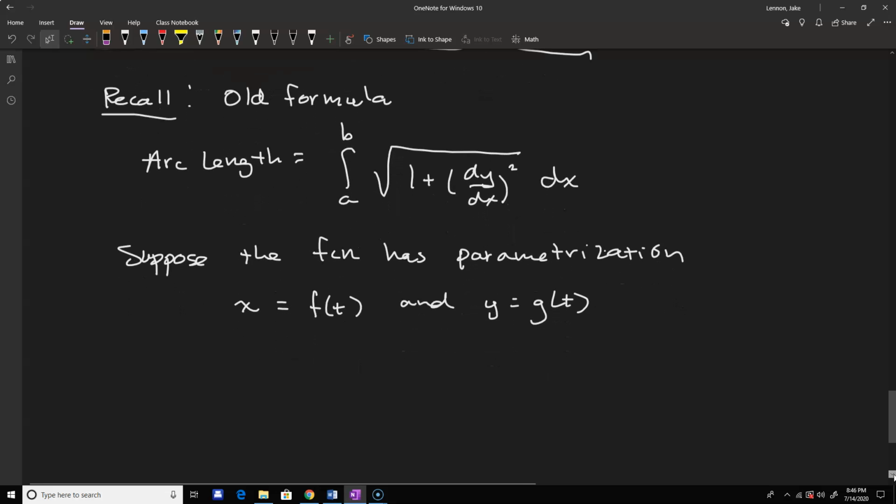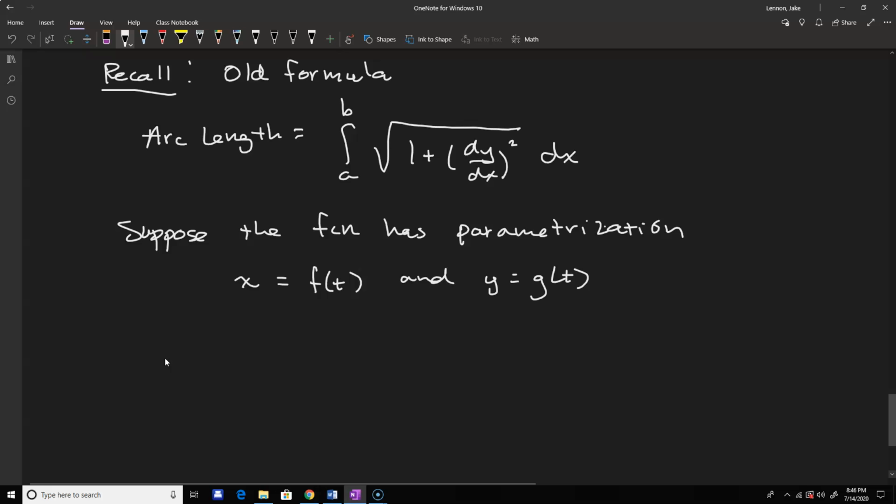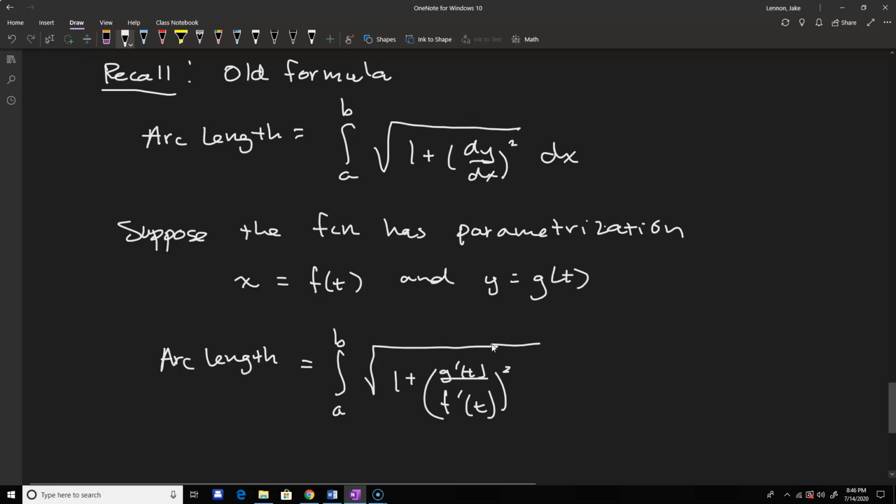So our arc length, the equation above, will just become the same integral. Now maybe a and b are t values, but just take that with a grain of salt. Those can always be adjusted or reformulated. But now what we have is 1 plus g prime of t over f prime of t, quantity squared, inside the square root, and then outside the square root we're now multiplying by dx, which is the same thing as f prime of t.